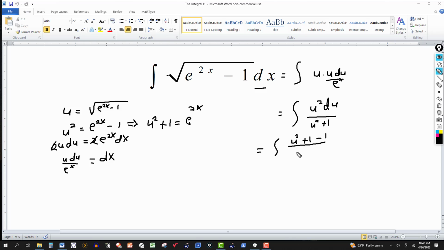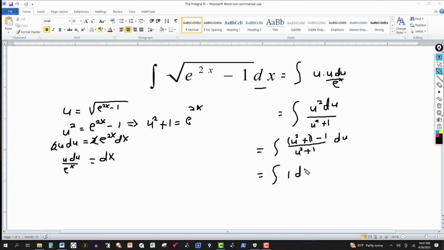Even in more advanced mathematics, proving theorems, this is done quite a bit: adding 0 to an expression to give it a different look. So we get this. Then we rewrite this into 2 integrals. Putting this part together, that'll be u squared plus 1 over u squared plus 1. Well, that's just 1. And then you've got the du.